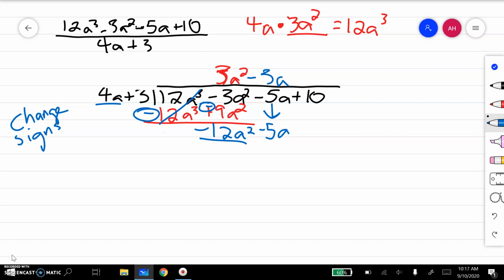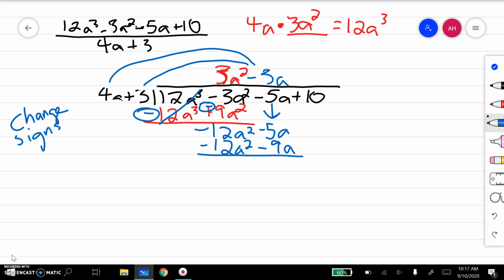Okay? So we'll do the same thing again. We're going to multiply that out. So I've got 4a times negative 3a is negative 12a squared. And then 3 times negative 3a is negative 9a.